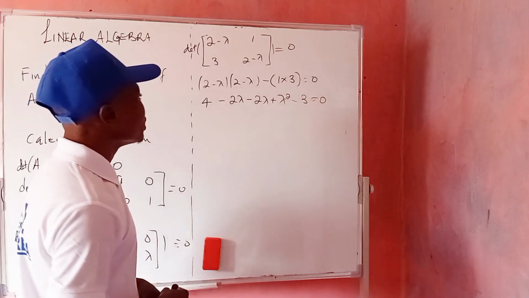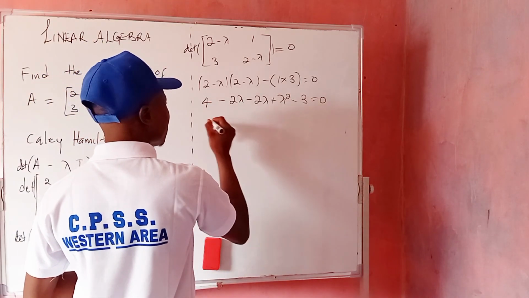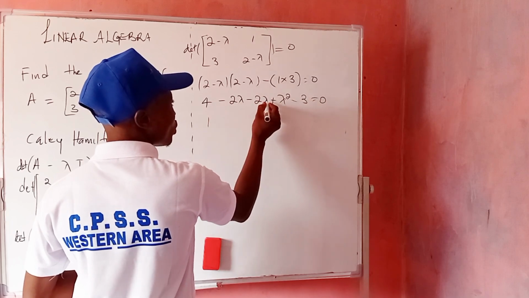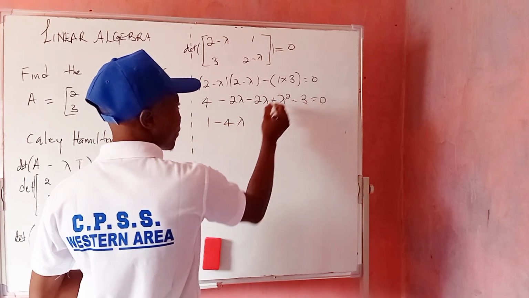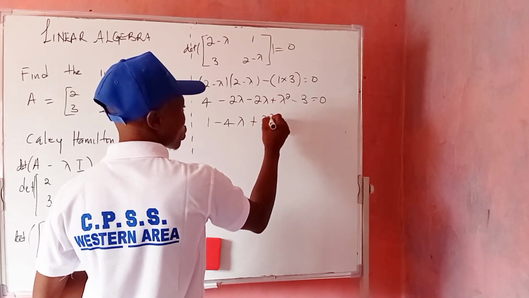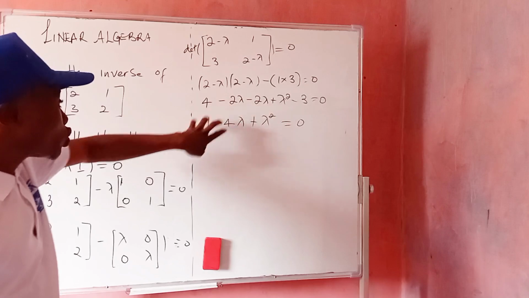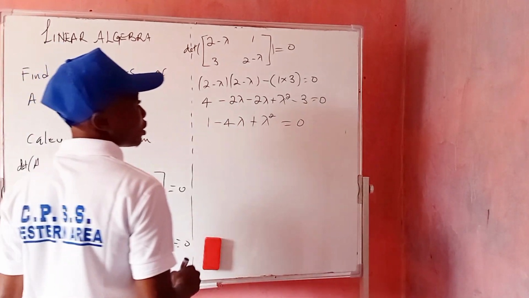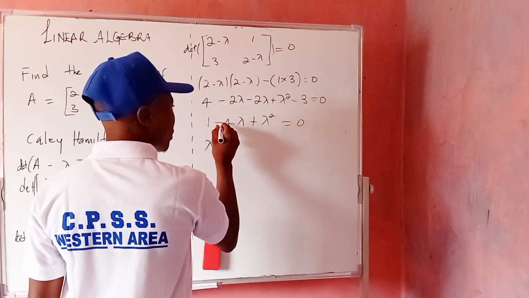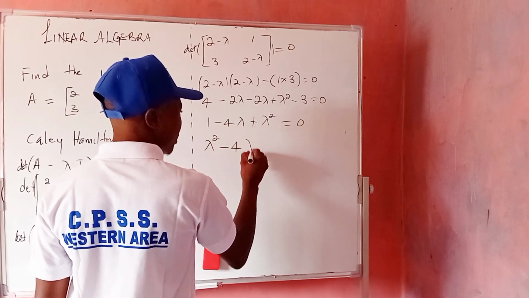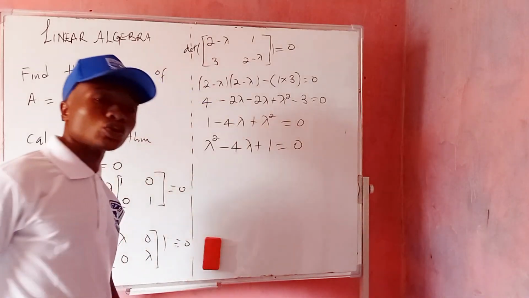So at this point, we collect like terms: 4 minus 3 is 1, minus 2 lambda minus 2 lambda is minus 4 lambda, plus lambda squared, equal to 0. So we want to rearrange this equation. We take lambda squared minus 4 lambda plus 1. We said everything should be equal to 0.